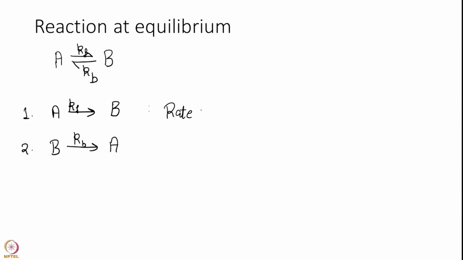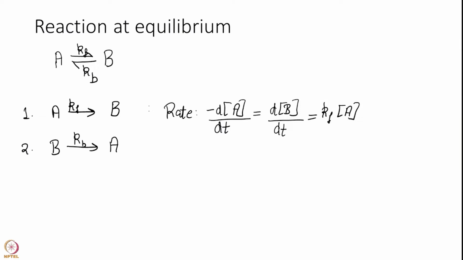the rate of this is minus dA over dt equal to dB over dt equal to Kf into A. I emphasize this portion only has the reactant concentrations in it.